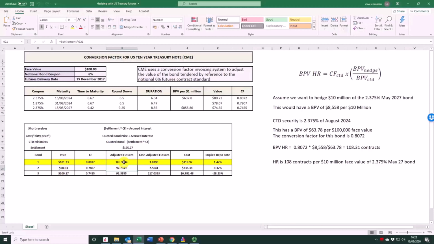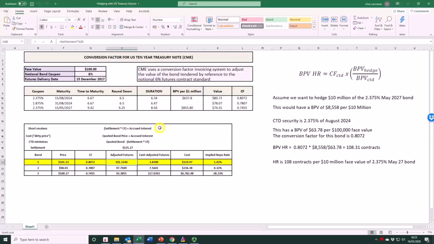So, for example, here, what I've done is take this value here, which that cell is called settlement, and I've multiplied it by the appropriate conversion factor, which of course is the same here. And now, based on this little bit of logic here, the short is going to receive the settlement price multiplied by the conversion factor, what we've just discussed, plus accrued interest.